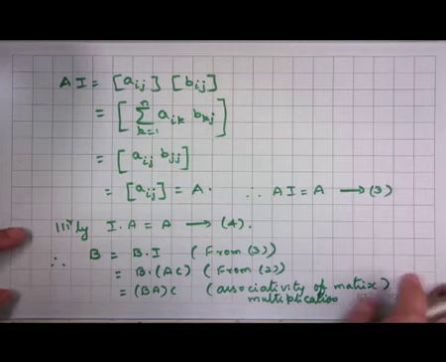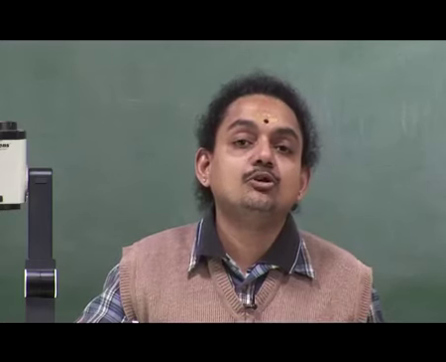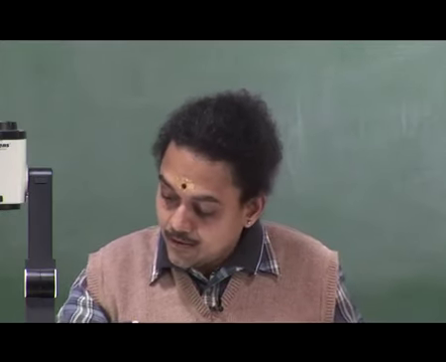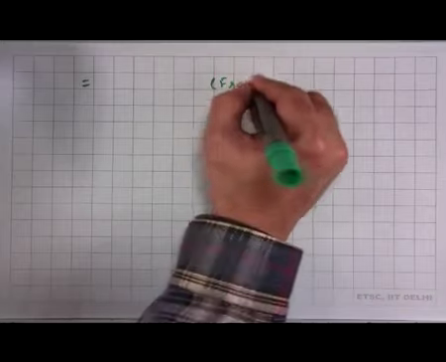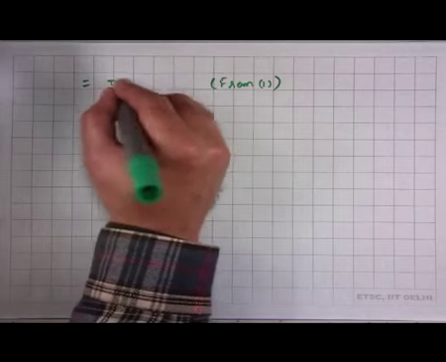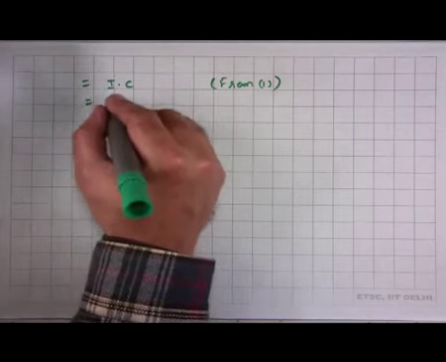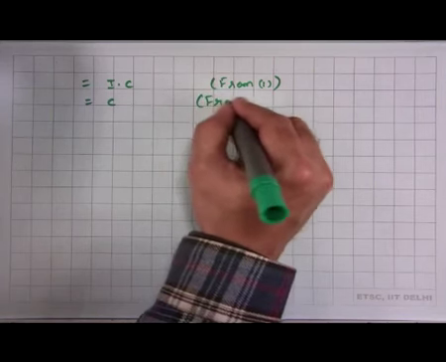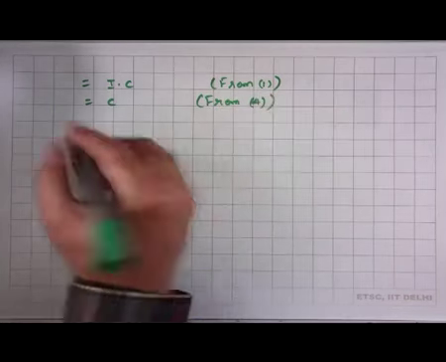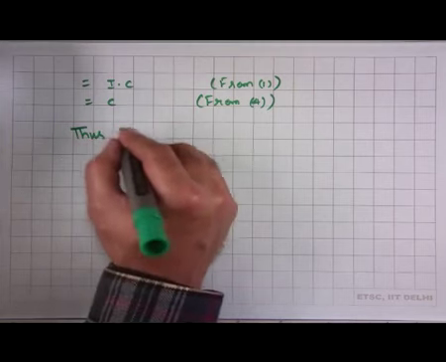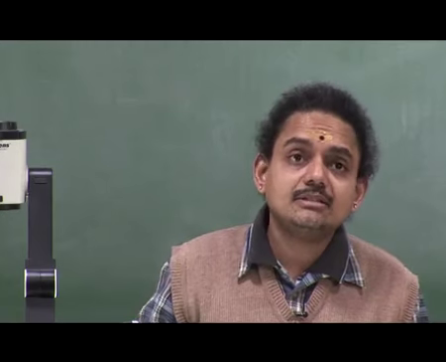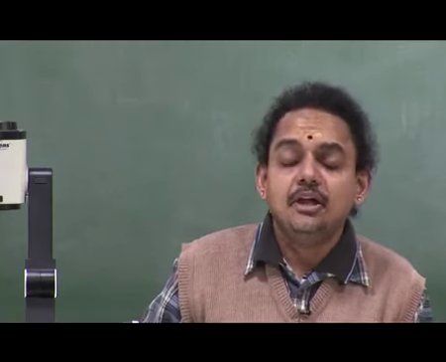The first one that we used is equation 3, the second one is equation 2, and finally we have used the associativity of matrix multiplication. But from equation 1, BA is just I, so I will have I times C, but I times C is C, this follows from equation 4. Thus, B equal to C. What we have shown is that the inverse of a matrix, if at all it exists, is going to be unique.